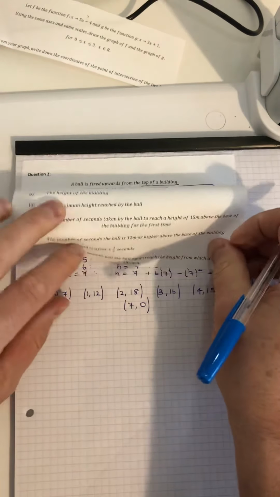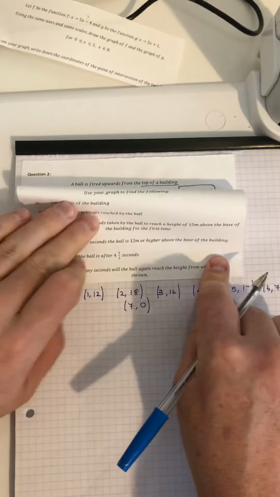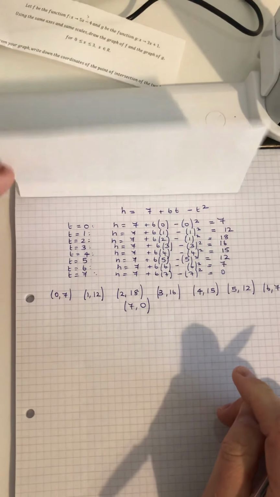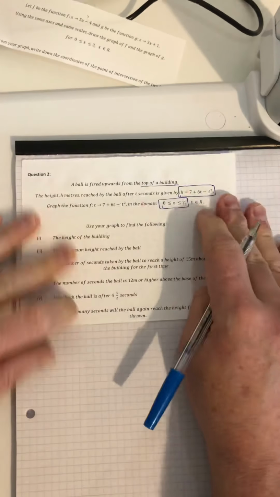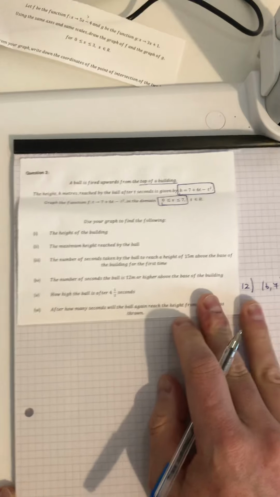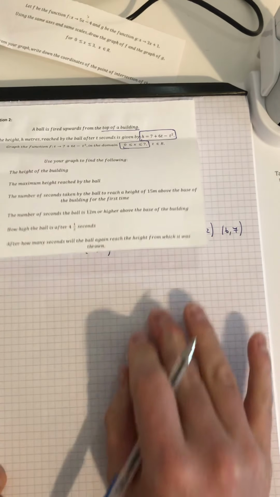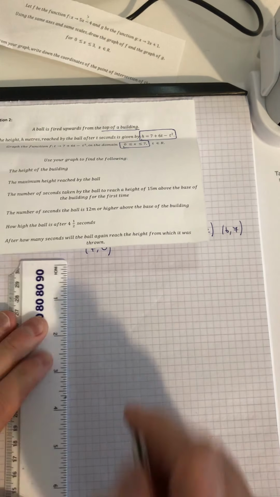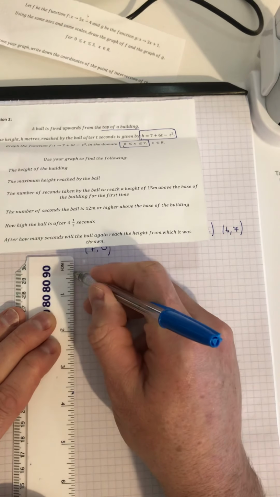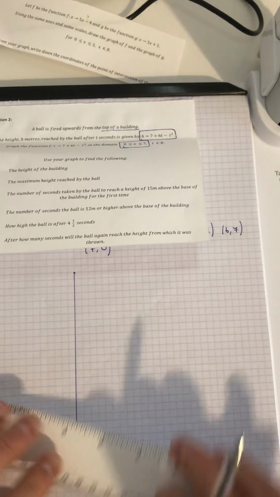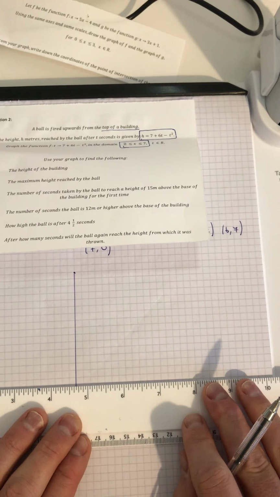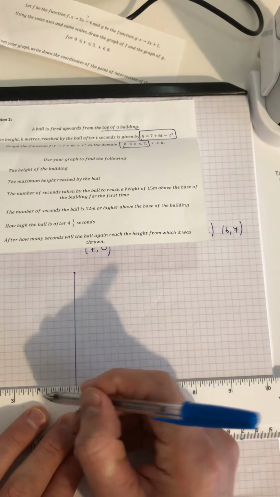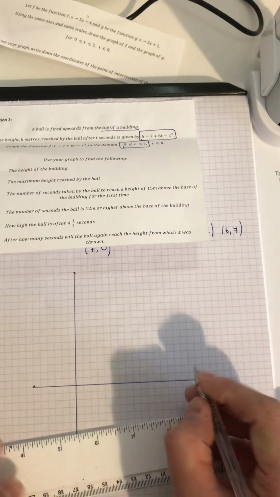And now you want to draw that graph. So you're going to draw this graph somewhere down below. So I'm going to draw out this graph using those points down here. So again, we're going to go between 0 and 7.